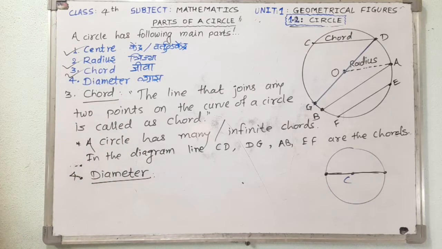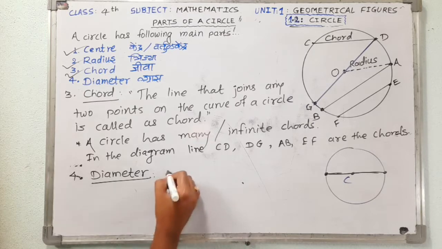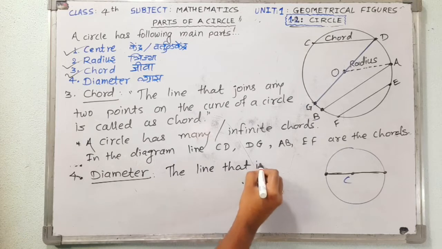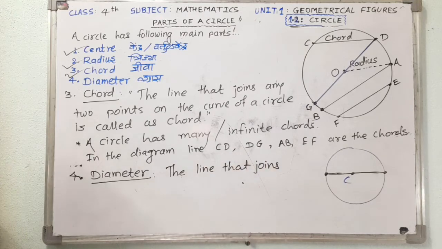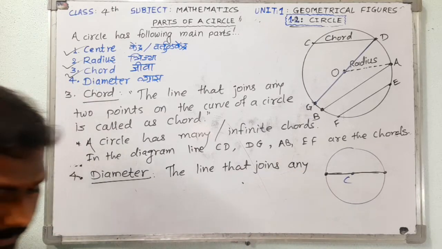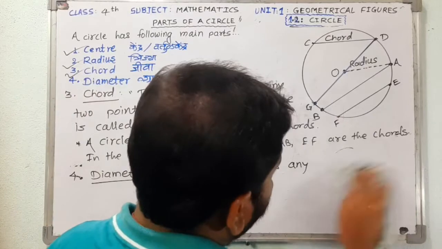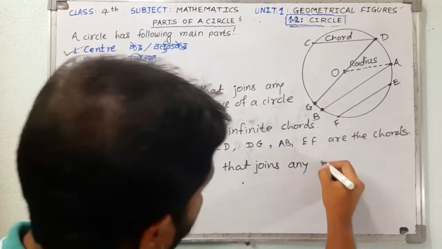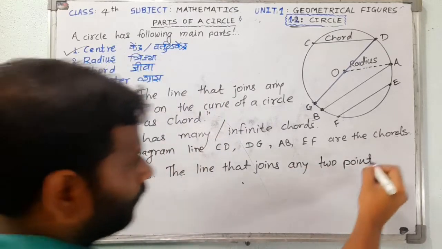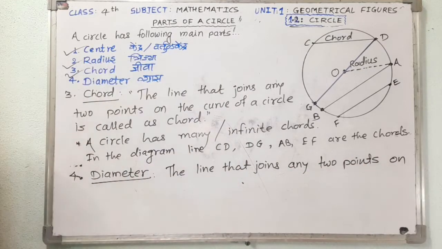So dear friends, we can write the definition. The line that joins any 2 points on the circle, that joins any 2 points on the curve of a circle, you can write like this.